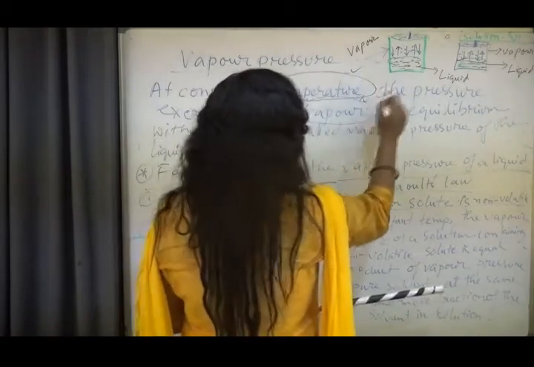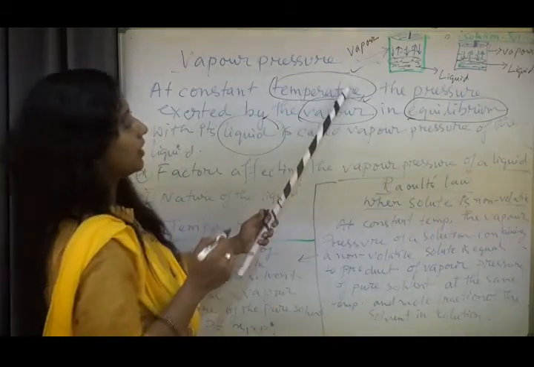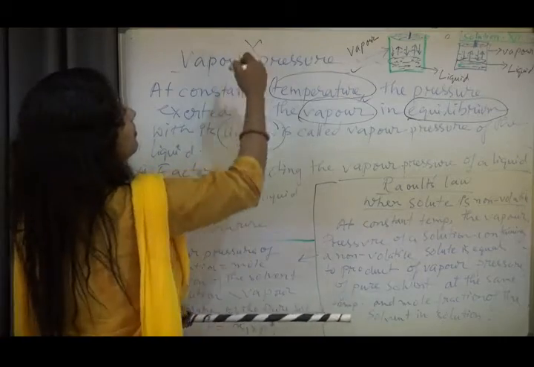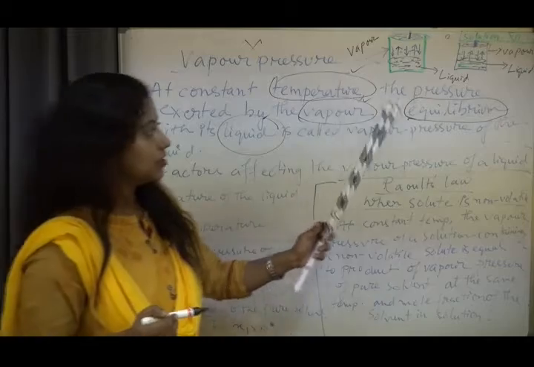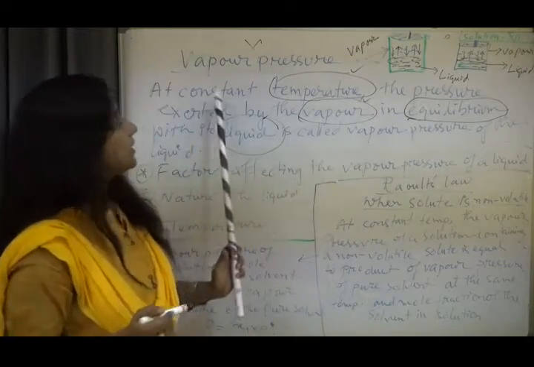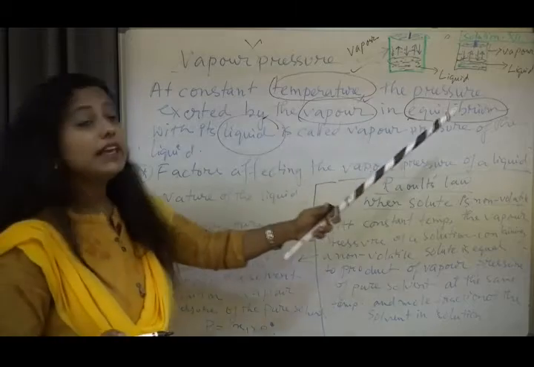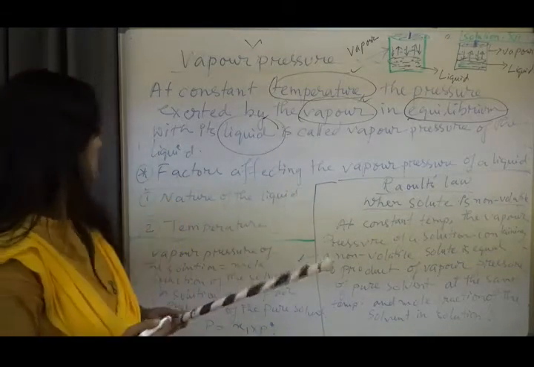These terms are very important. If you skip the words temperature and equilibrium, then the whole law will not be correct. So at constant temperature, the pressure exerted by the vapor in equilibrium with its liquid is called the vapor pressure.